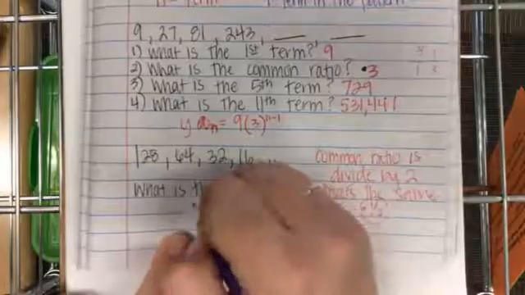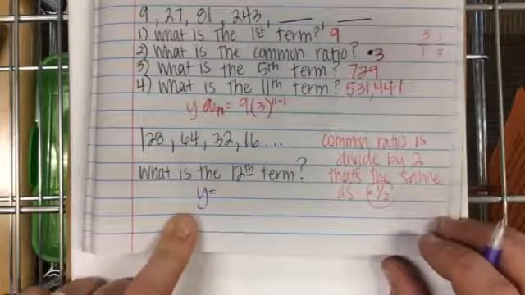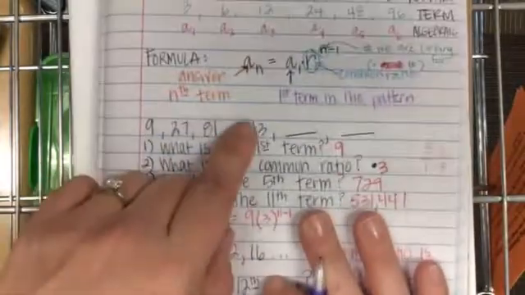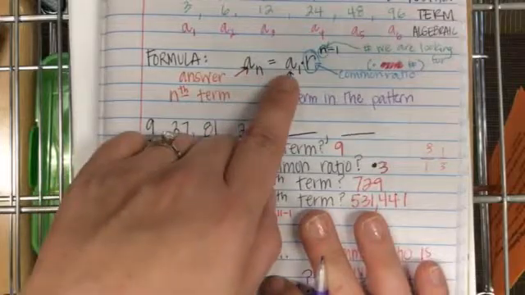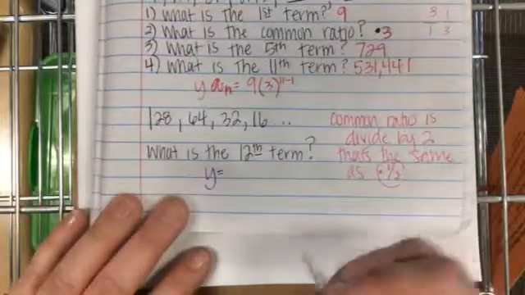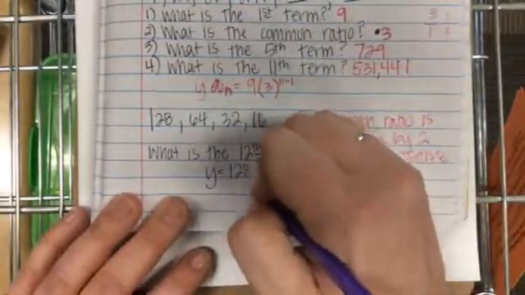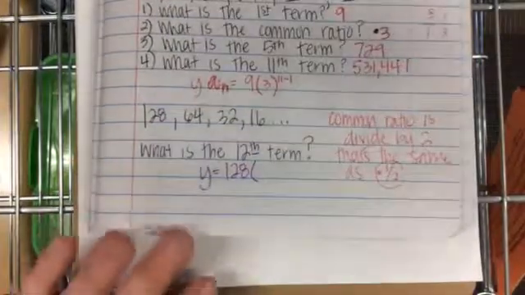So I'm going to put y equals the first term. What's the first term in the problem? 128 times, what's the common ratio?